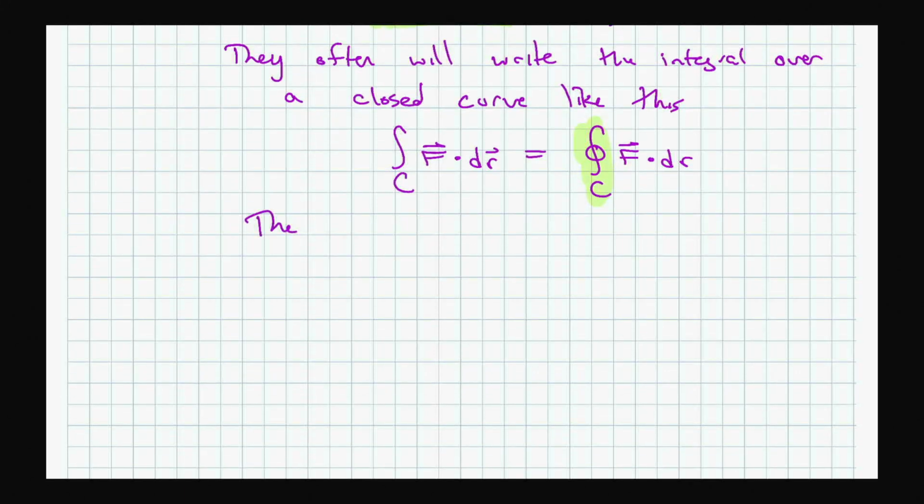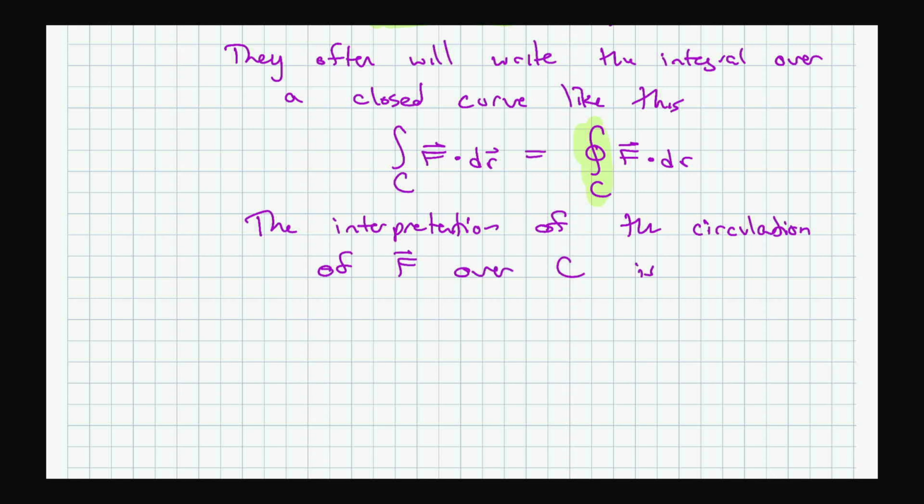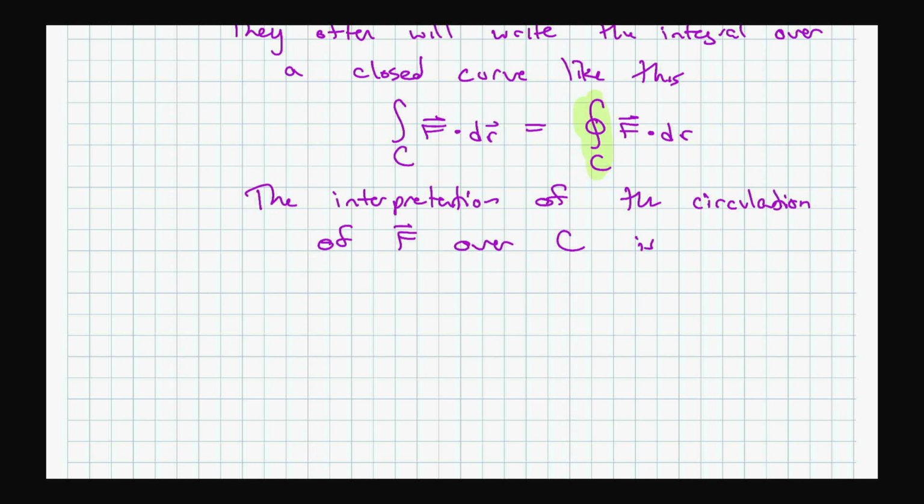So the interpretation of the circulation of f over C is a measurement of the tendency. So the integral over C of f dot dr, that's circulation, is the tendency.